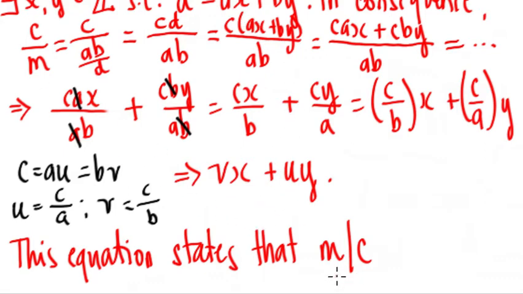So we can say that M divides C, allowing us to conclude that M is less than or equal to C, because M is only a factor of C. It's understood that it's less than or equal to C, equal if we are multiplying by 1.